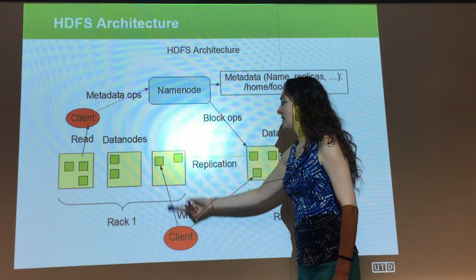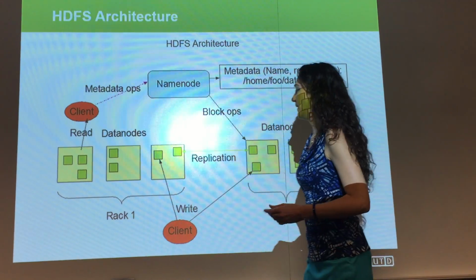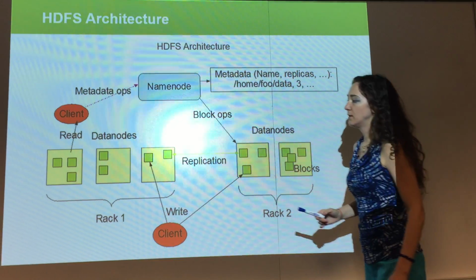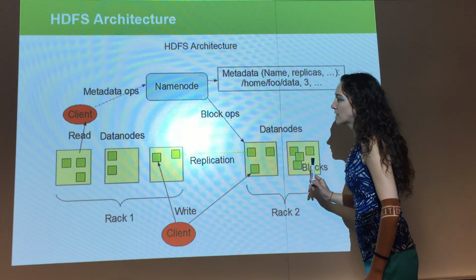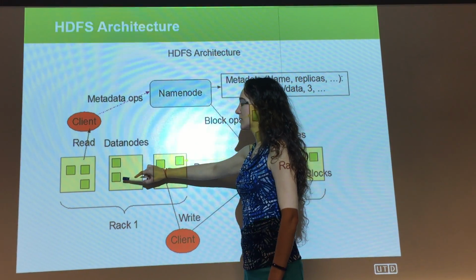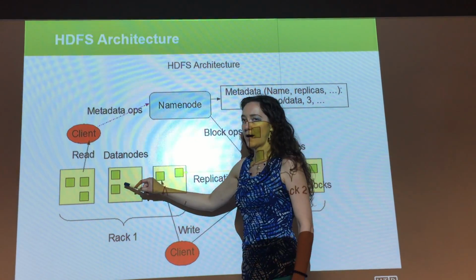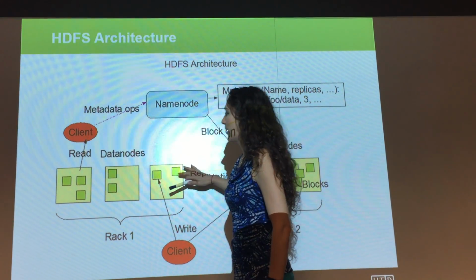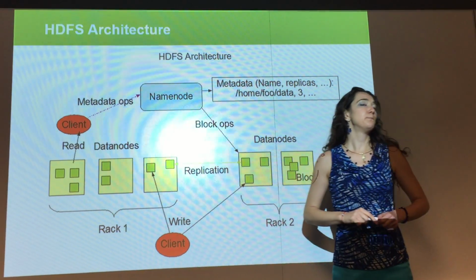If it wants to write, it can write to them, or it can read them. The rack, as we mentioned, can have a number of data nodes, and these data nodes contain the blocks of the files, and they are the ones who perform the read-write operations on them. The name node contains information about all these data nodes and where they are located and where all the blocks are.